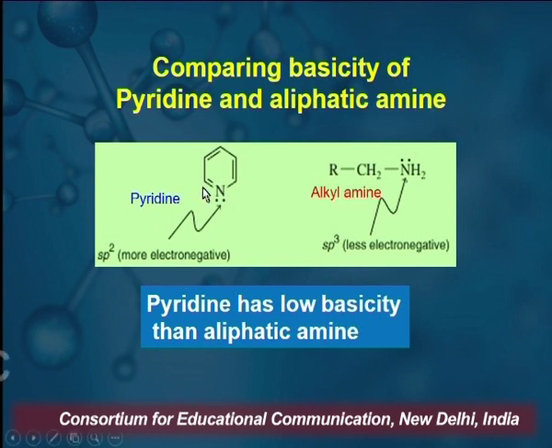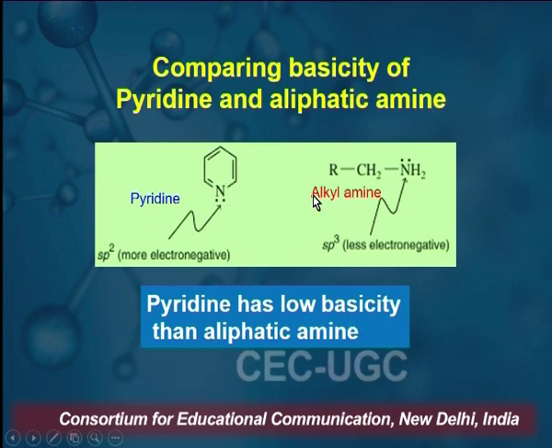And finally, when we compare the basicity of pyridine and aliphatic amines, in case of pyridine, the nitrogen carrying the lone pair of electrons is sp2 hybridized, whereas in aliphatic amines, the nitrogen carrying the lone pair is sp3 hybridized. sp2 being more electronegative will make it less basic as compared to aliphatic amines.